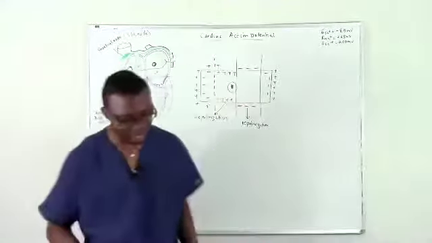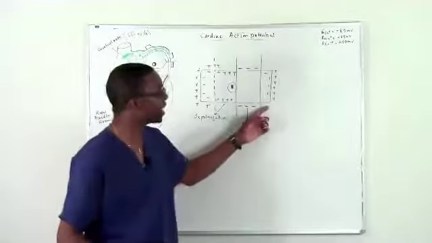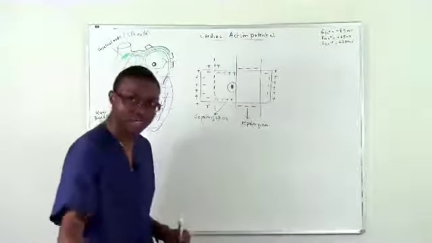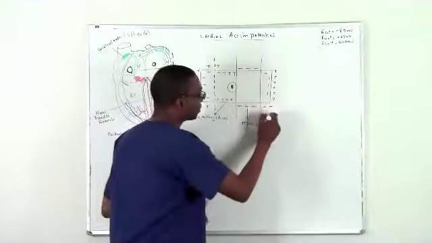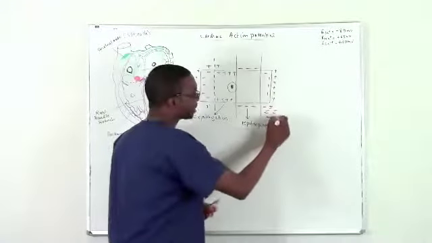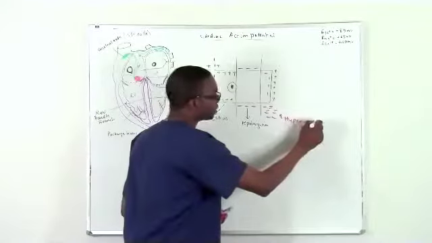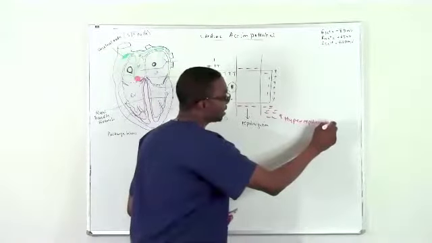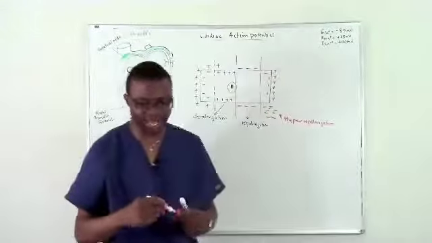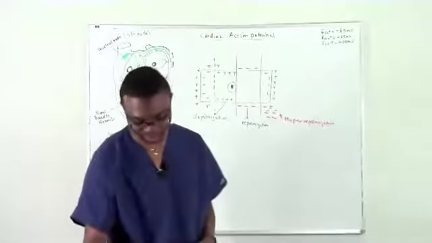Now, when the outward current hyperpolarizes, it means there's even more negative charges outside of the cell, longer. That is known as hyper, like too much repolarization. And this will all make sense when we get to the SA node cardiac action potential.